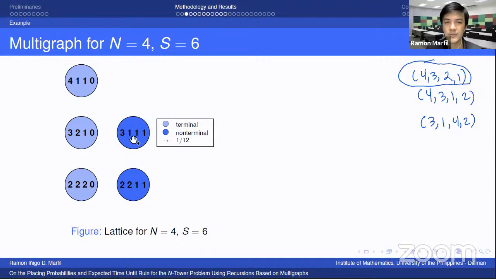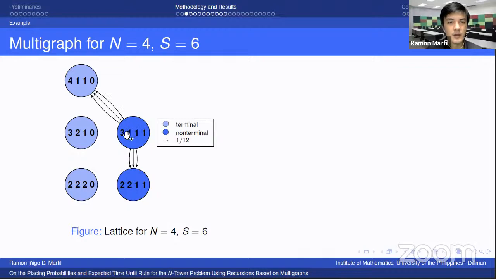So, for example, for 3111, ano yung mga posibleng mangyari? For 3111, halimbawa magkalaban yung dalawang players na yung isa ay may wealth na 3, tapos yung isa ay may wealth na 1. Ibig sabihin, ang posibleng mangyari ay yung first player yung manalo. So kung yung first player yung mananalo, yung wealth niya magiging 4, the loser will have wealth 0.